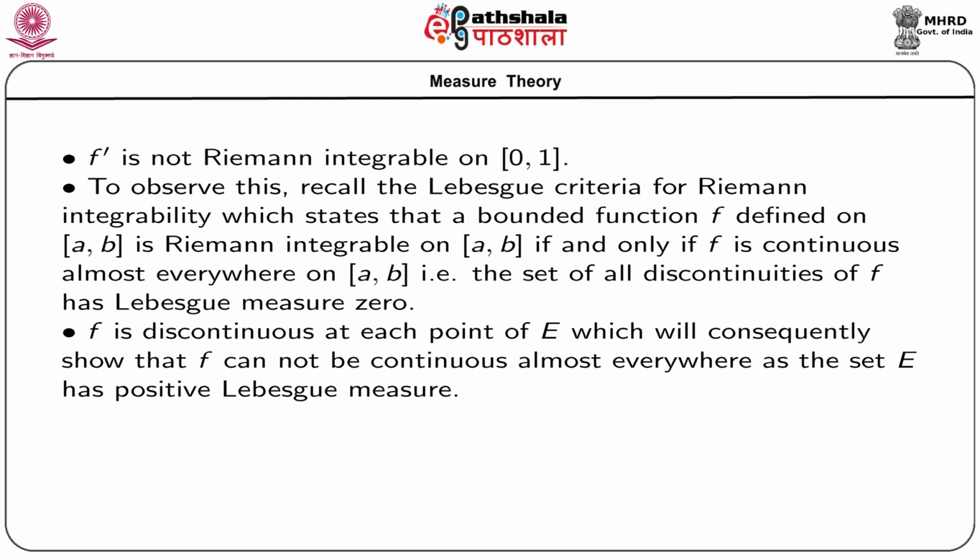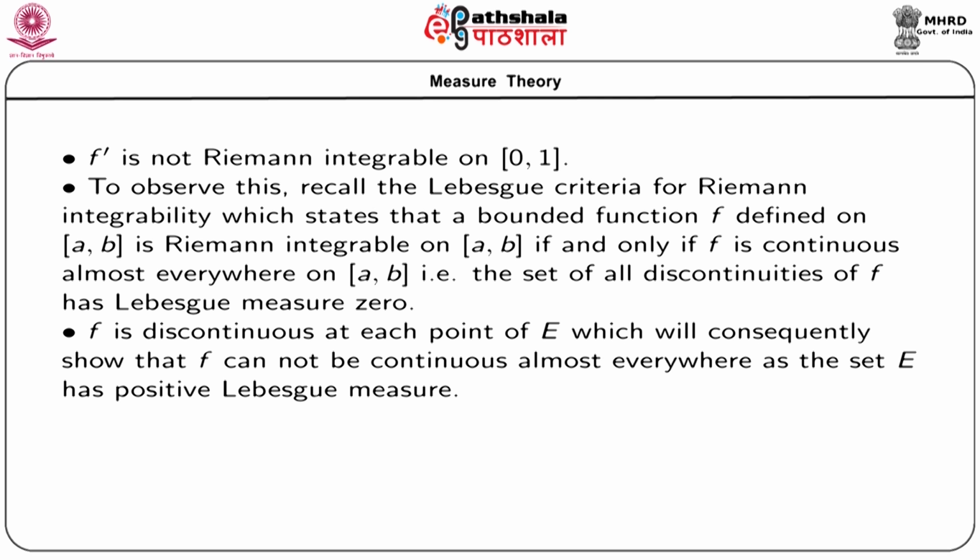See that f' is discontinuous at each point of E, which will consequently show that f' cannot be continuous almost everywhere, as the set E was chosen in such a way that it has positive Lebesgue measure.